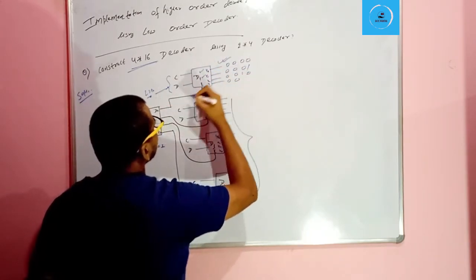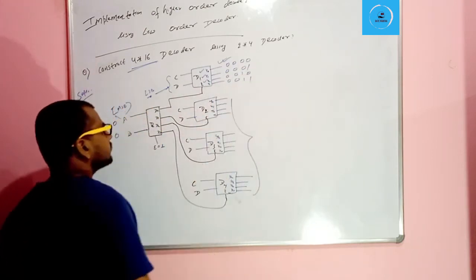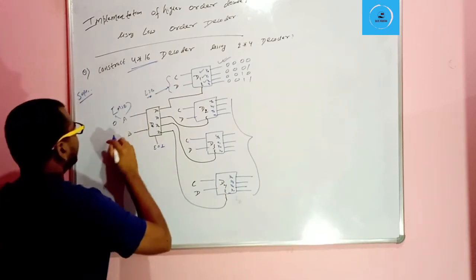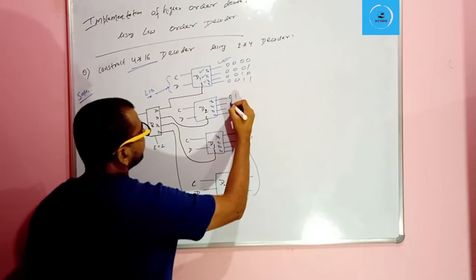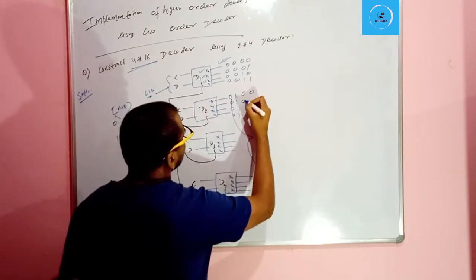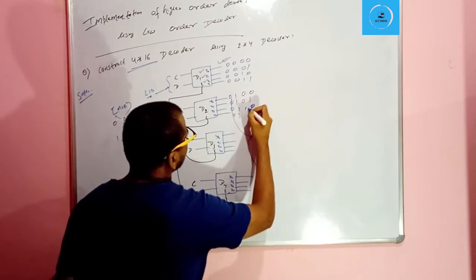For C and D 1 0, y2 will be selected, and for C and D 1 1, y3 will be selected. Similarly, for AB equal to 0 1, decoder 2 will be selected, and for CD 0 0, 0 1, 1 0 and 1 1 its outputs will be selected.